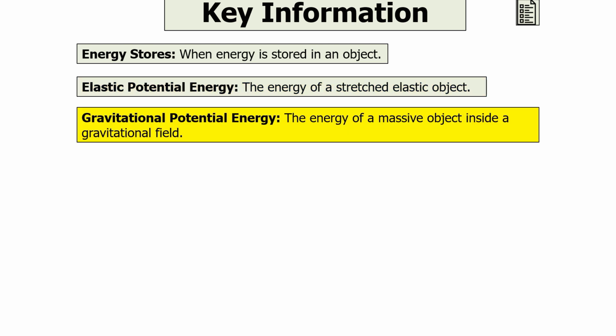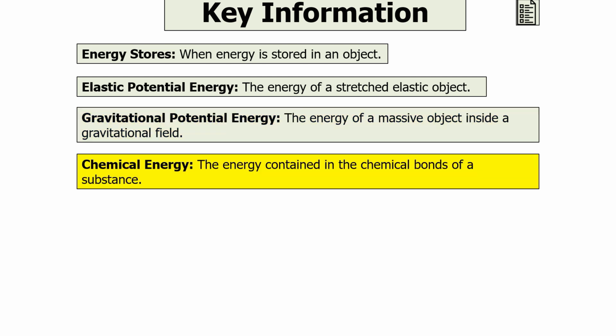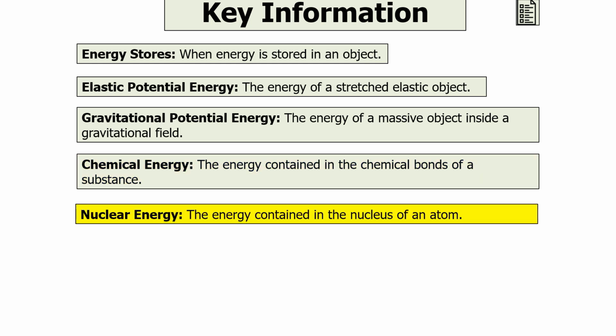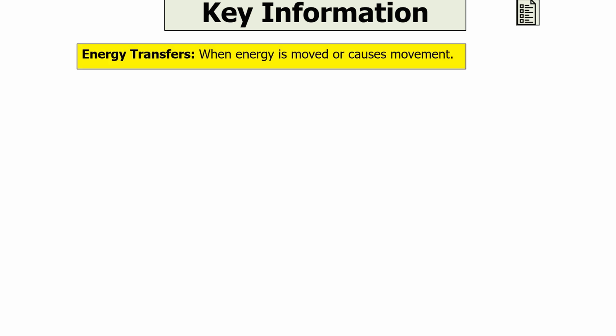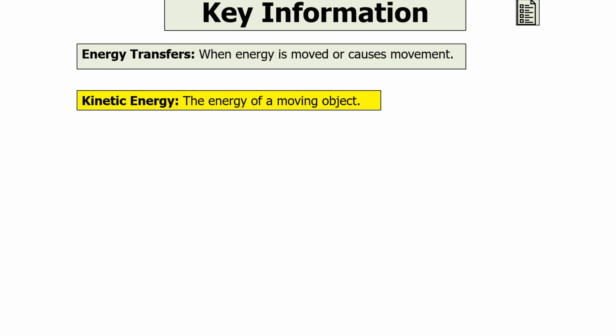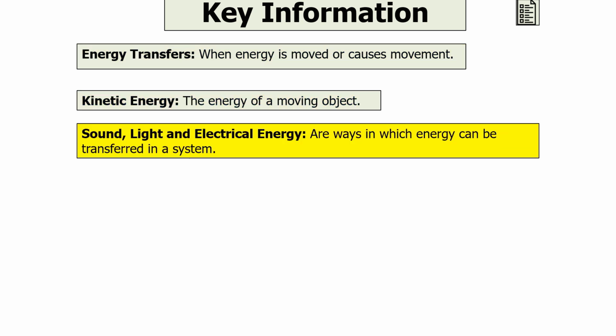Gravitational potential energy, the energy of a massive object inside a gravitational field. The chemical energy, the energy contained in the chemical bonds of a substance. Nuclear energy, the energy contained in the nucleus of an atom. And the internal energy, the energy contained in the particles of the substance. Whilst for energy transfers, we know about kinetic energy, the energy of a moving object, and sound, light and electrical energy, ways in which energy is transferred in a system.